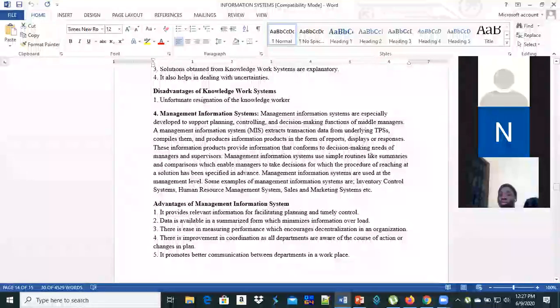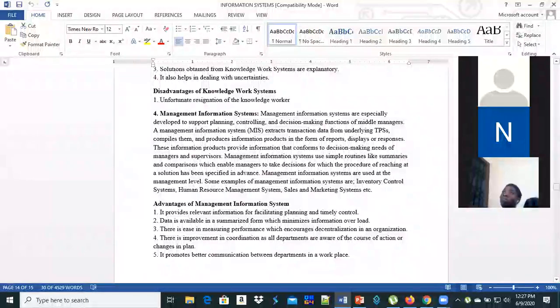I'm sure by now you have come in contact with a lot of them because they are common, very prevalent, and you see them in any well-structured organization. Even the less structured organizations still use management information systems. So it is something that you will always come into contact with.